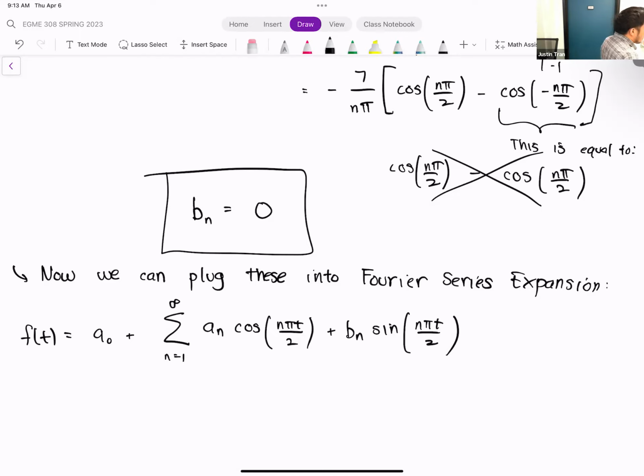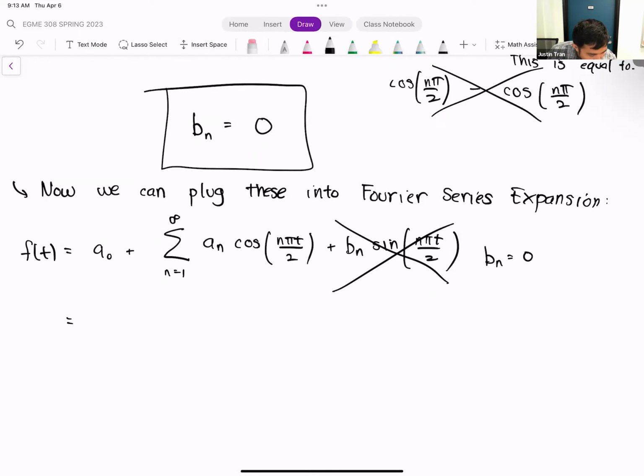Okay, bn is equal to 0 here, for all values of n, so we're not going to worry about that part. We're only going to worry about a0 and an.